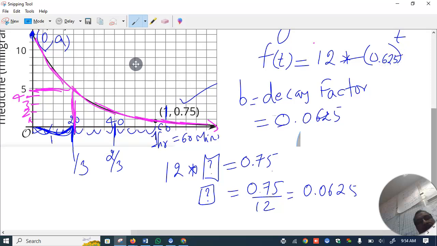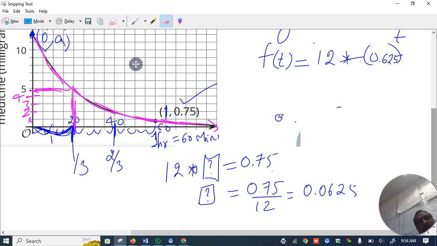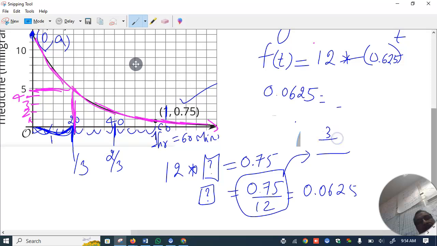Let's check this out. 0.0625, how did we get it? It is right here. We can also write it as 3/4, because 0.75 is 3/4, and this is 12.